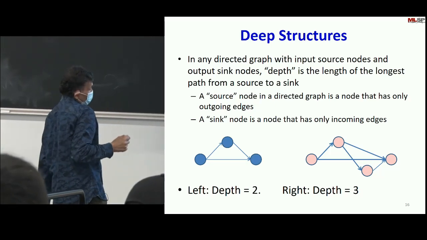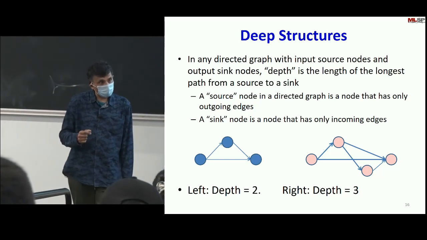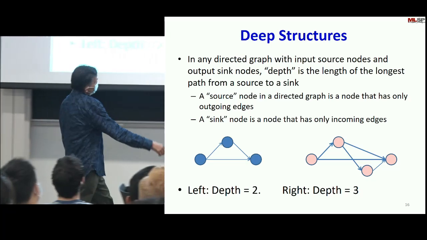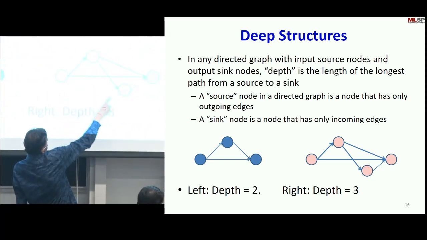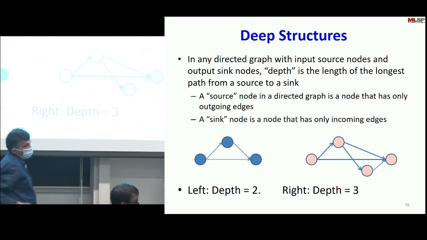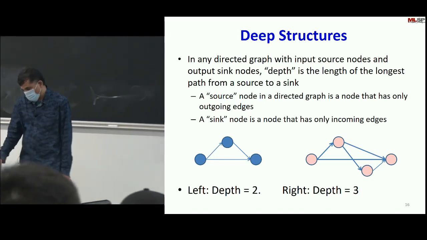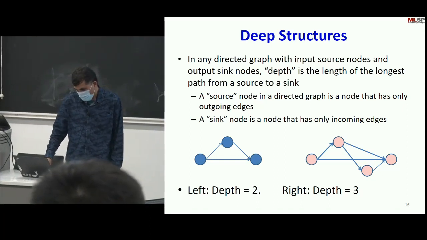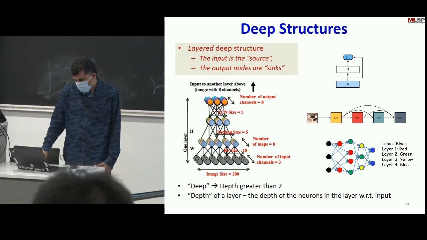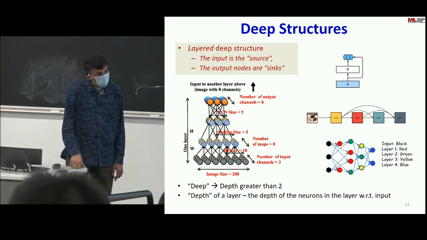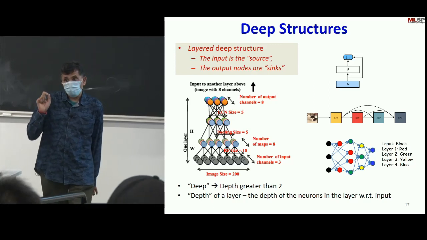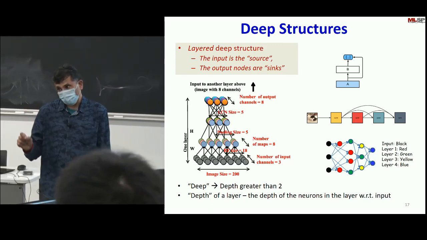What about the one to the right? 3, right? Because although you have this path of length 1, the path of length 2, and the path of length 3, the only one that counts is the longest path. So this is a depth 3 graph.